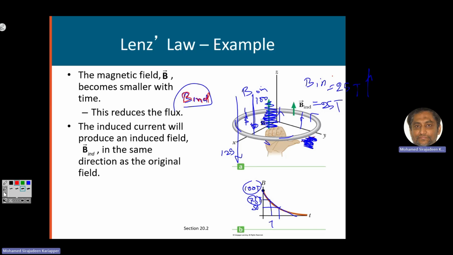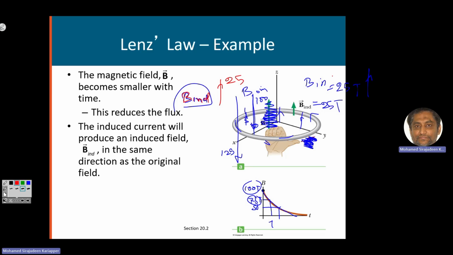So how should the current flow to stop this change? 100 becomes 125. So I have to give a field in the opposite direction. I don't want it to increase. So the induced field must be up, 25, right?